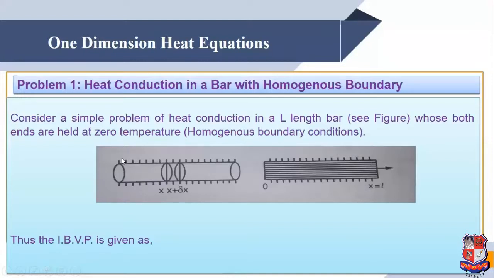So now first we discuss heat conduction in a bar with homogeneous boundary. We consider a simple problem of heat conduction in a bar of length L. See the figure, length L, whose both ends are held at 0 temperature.